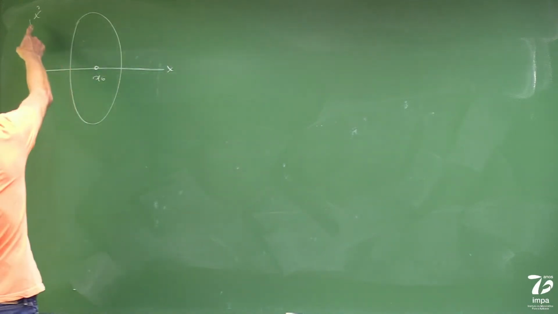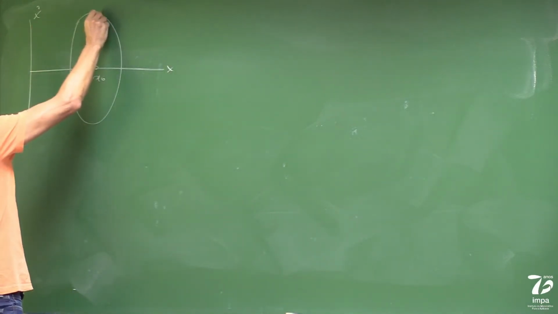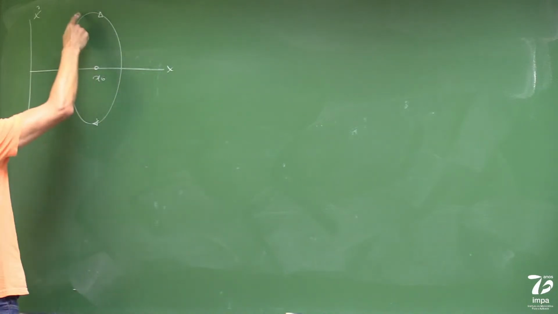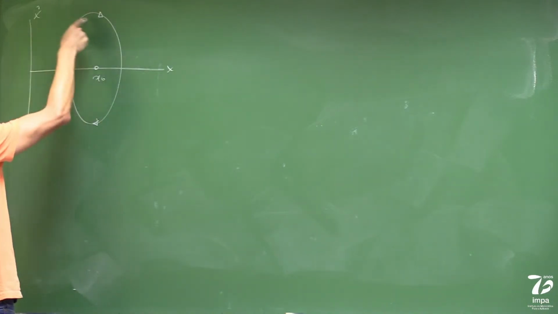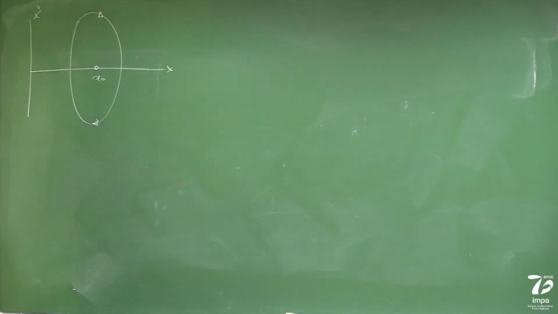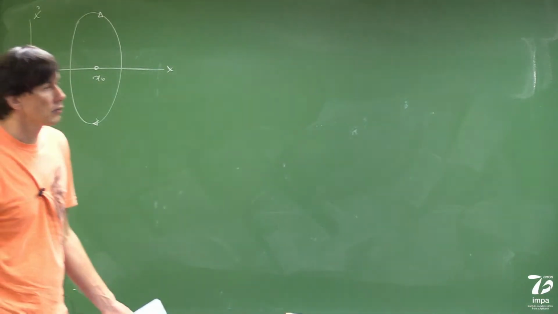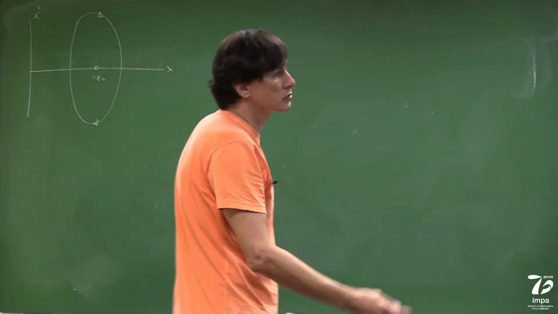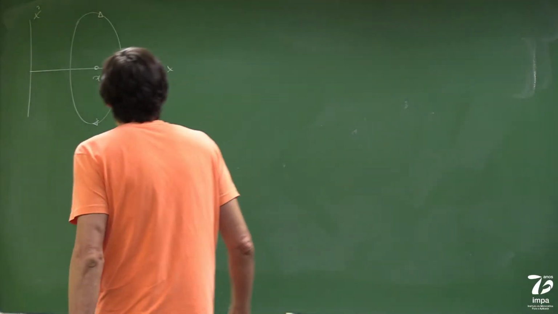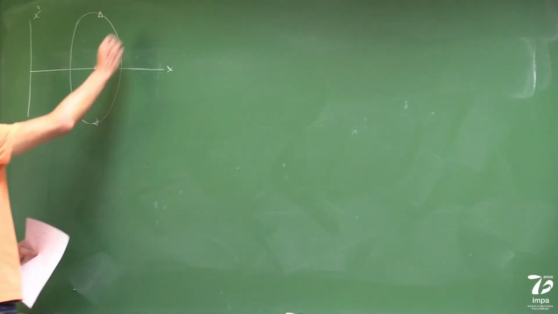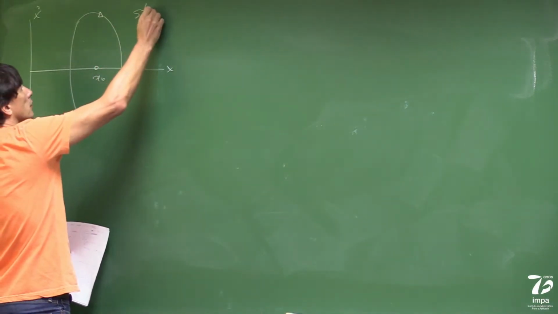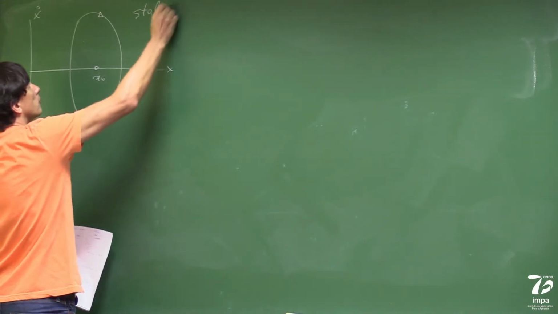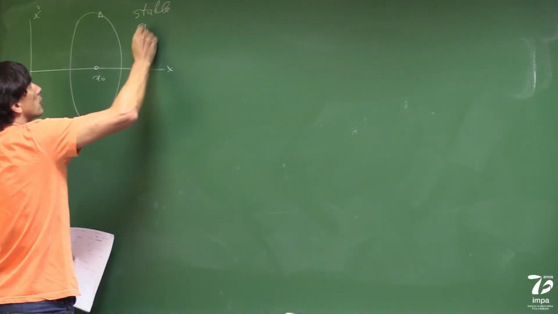Certainly x dot is velocity, so you know this is the direction: it should be positive above when x dot is positive and negative below. So this is our general solution of this equation on the phase plane, and you see that this is what you can call a stable equilibrium.